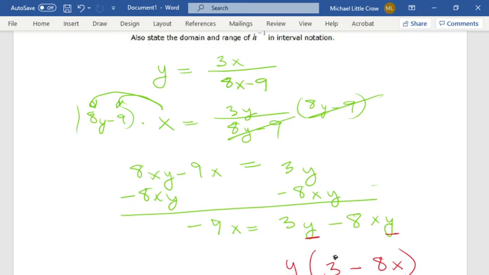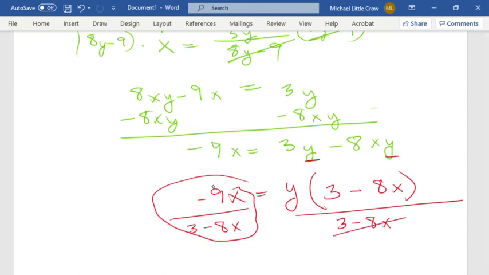If you distribute the y back through, you get 3y minus 8xy. You get back to where you started, so this is equivalent. And then we just need to solve for y, so we divide by 3 minus 8x. This is our inverse function.